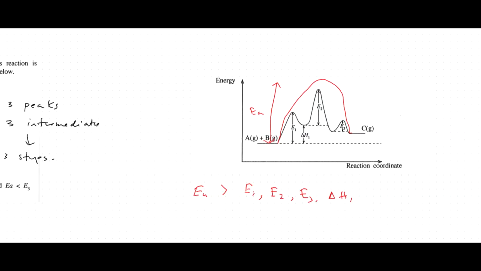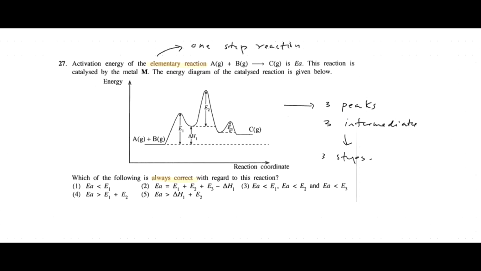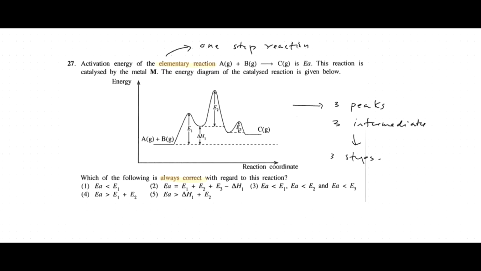So we have to select the relationship which is always correct with regard to these reactions. We can directly neglect the first answer and the third answer, because in those two answers EA is less than the energy they have given here.